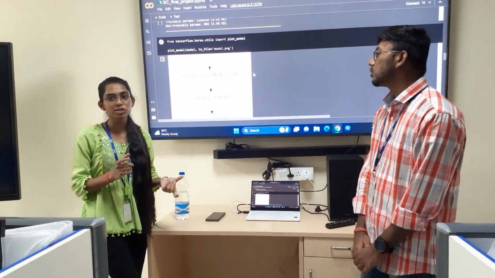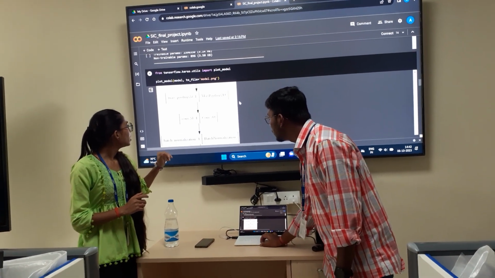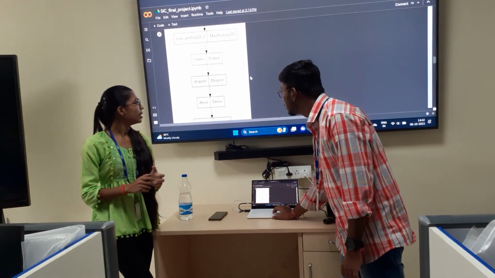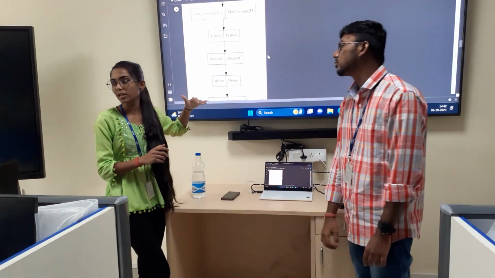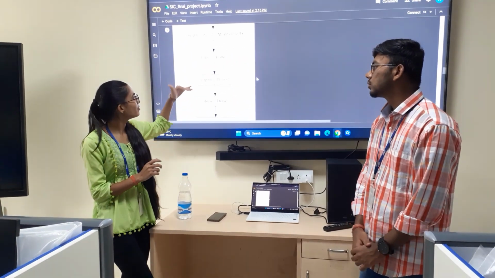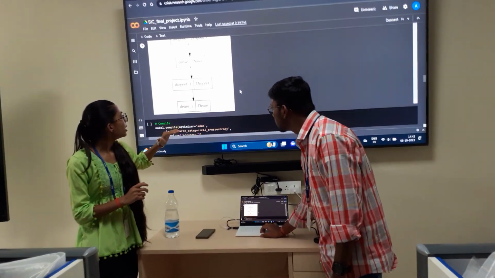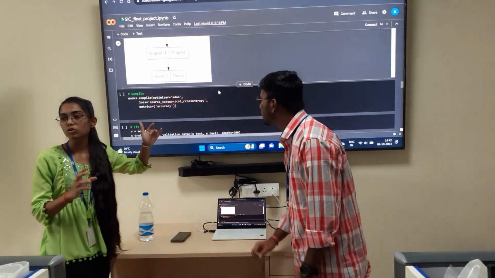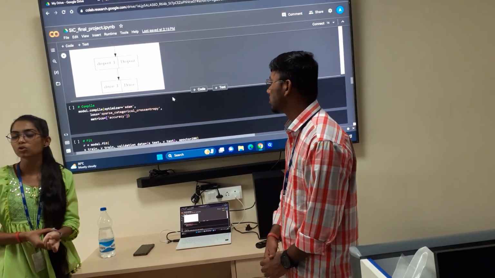Then it undergoes the layers of the CNN: flattening, dropout, dense, and at the last dropout, and the output will show what the image is.